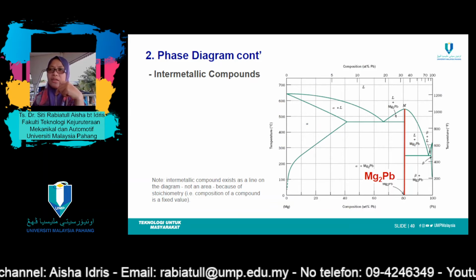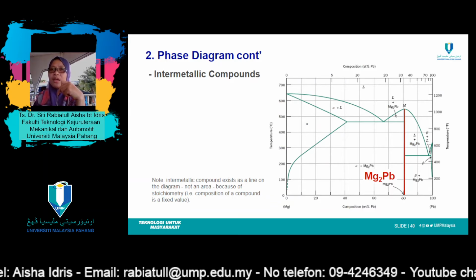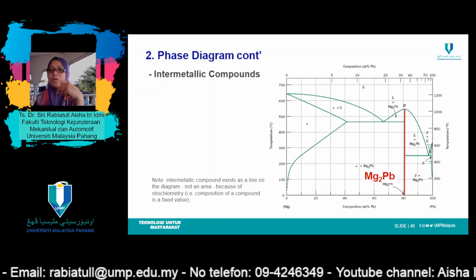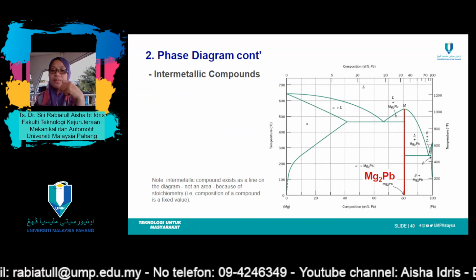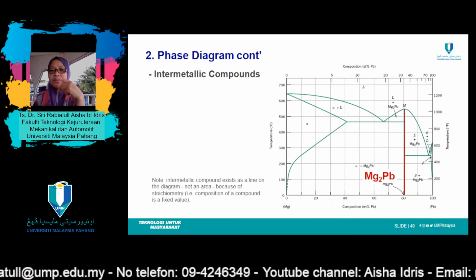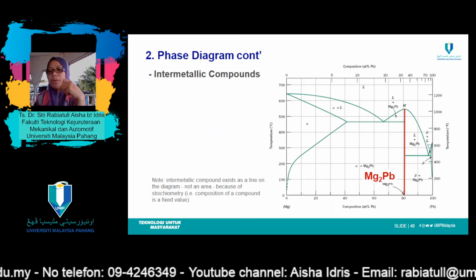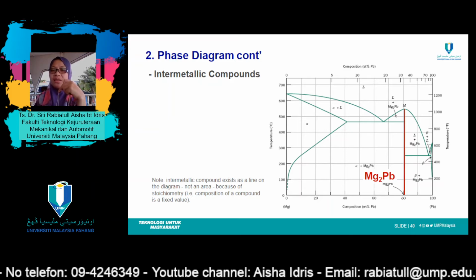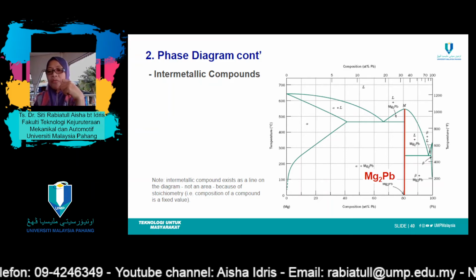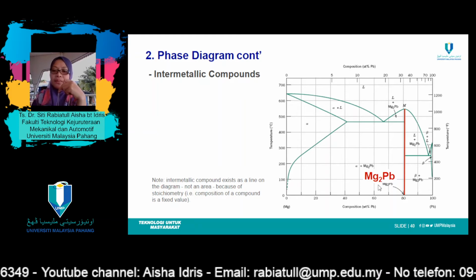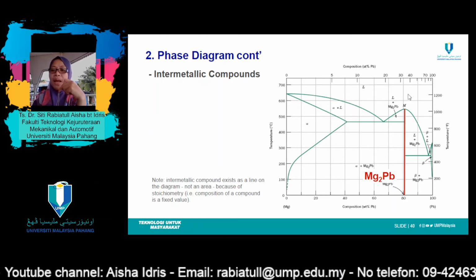And other than phases in the phase diagram, we may also find what is known as an intermetallic compound. These intermetallic compounds, or IMC in short, we may not find exist in phases. However, it exists in a line. For example, this one, magnesium plumbum.